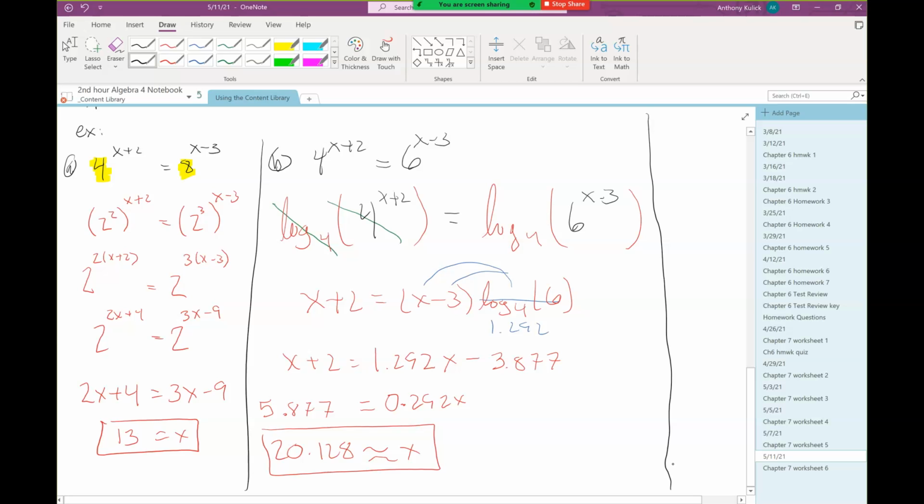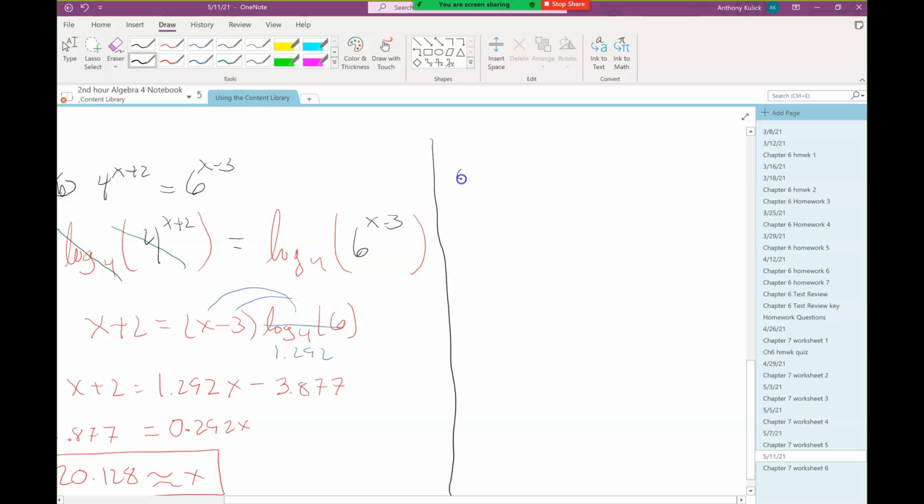Okay. The third type of problem that we'll see for exponentials is something like this one. So here I have only one exponential in the problem, right? Different than the other ones where we had 2 exponentials.